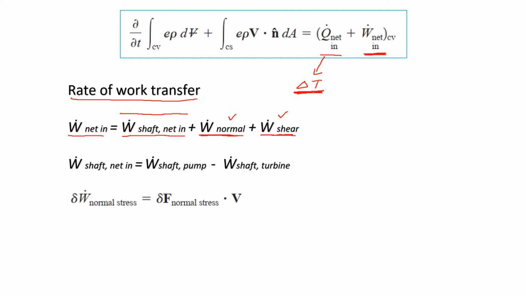First I'm going to discuss the rate of work transfer required to overcome the normal stresses. This can be written as force into velocity, the force required to overcome the normal stresses into velocity. Sorry, this is not volume, this is velocity.